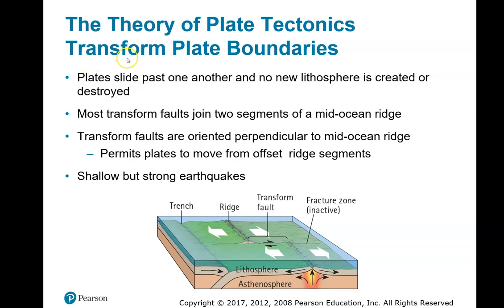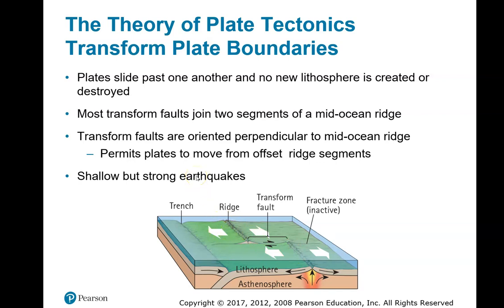This is called a transform boundary, and so with that, because the whole thing is moving over time, you'll see kind of like these stripes on either side of these ridges, right?